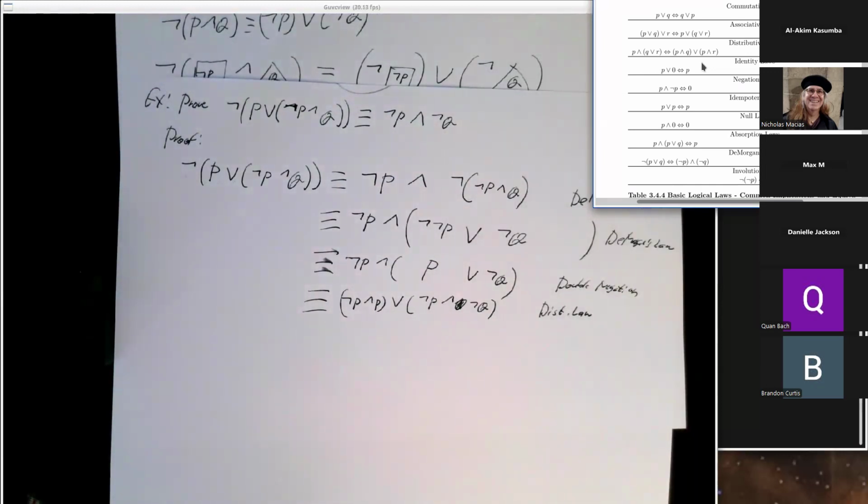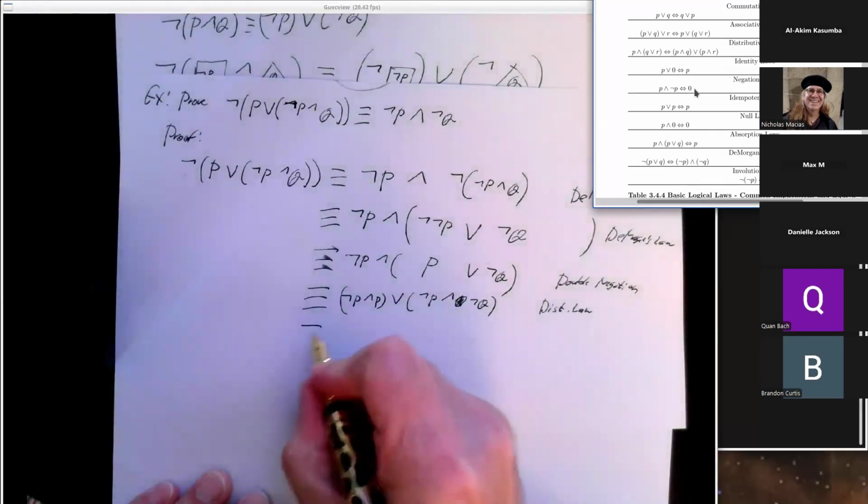Not P and P is just true. It's funny, that's what I was thinking a second ago, but that turns out to be wrong. Not P and P, or P and not P, turns out to be equivalent to false. I don't know why I thought it was true also.